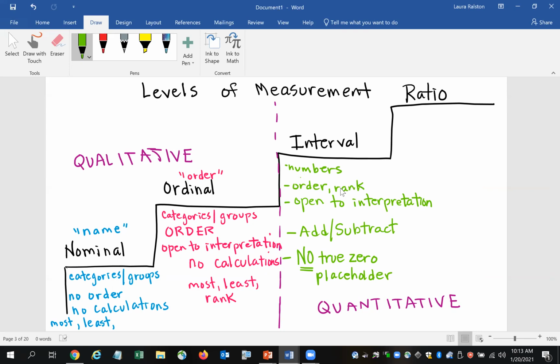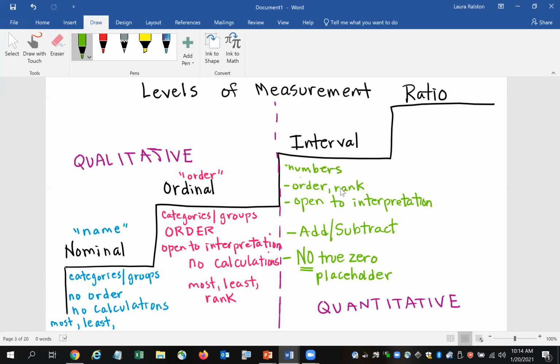Typically in our minds, when we hear the word zero, I immediately think, okay, there's none of it, there's nothing, you know, zilch. So that's what we mean by a true zero. A true zero would imply that you have none or nothing. But at the interval level, it doesn't necessarily mean that.